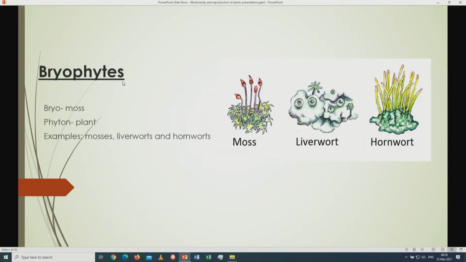I'll start first with the bryophytes. The word bryo means moss, phyton, a plant. Examples of the bryophytes are the mosses, the liverworts, and the hornworts. Here I have an example of a moss plant, a liverwort, and a hornwort.